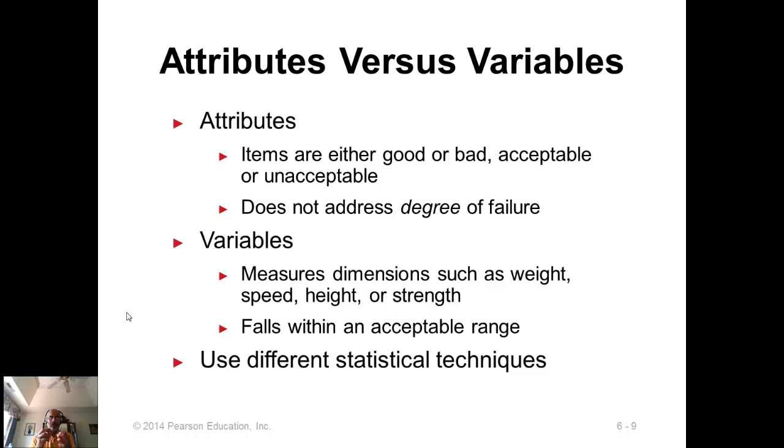It does not look at any particular aspect, whereas variables, on the other hand, are different aspects of the product, maybe height or width or weight or diameter, and it could be chemical composition, it could be quantity in a can. So there are lots of different variables that you want to check. So that would be variables. So in inspection you have to make a distinction between these two.